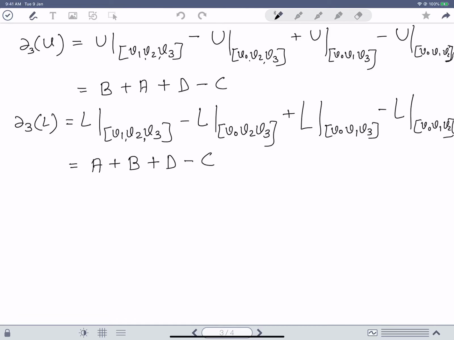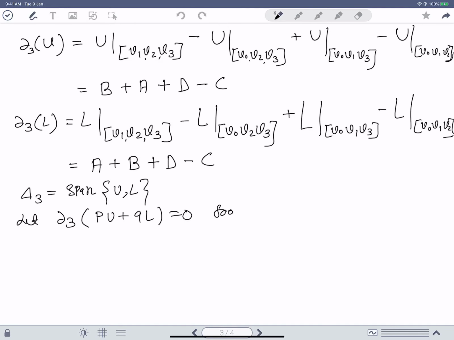Now if we want to find the kernel of delta 3, first of all we know that this delta 3 is generated by U and L, right? Now let delta 3 of PU plus QL equal to 0 for some P, Q belongs to Z. Now that implies P delta 3U plus Q delta 3L will be 0.